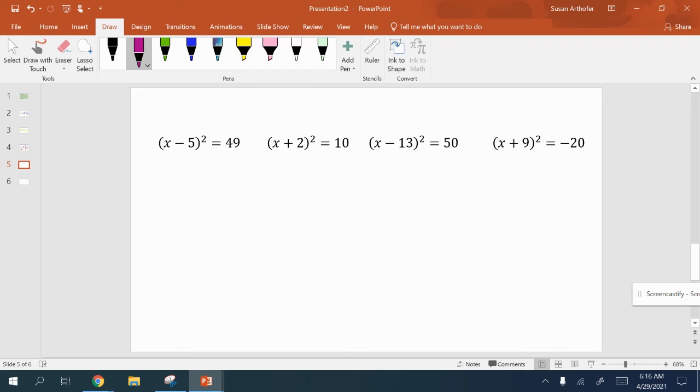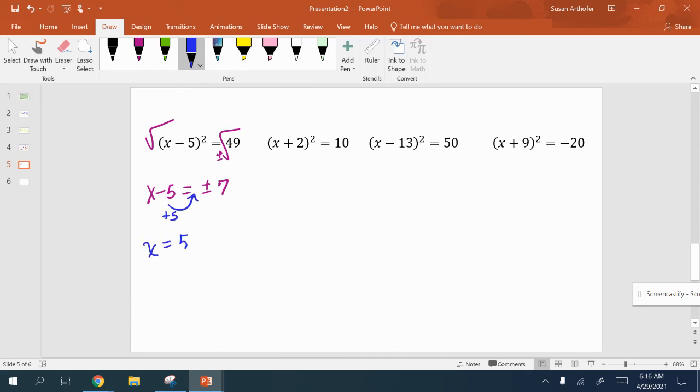Okay, I hope you hit pause and did these all on your own. So here we go. Square root, add plus or minus. Out comes x minus 5 is equal to plus or minus 7, because square root of 49 right here equals 7. Then I have to pop over this negative 5, so I add 5 to both sides.